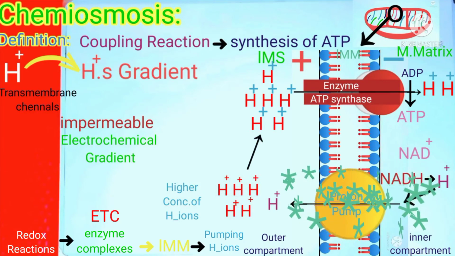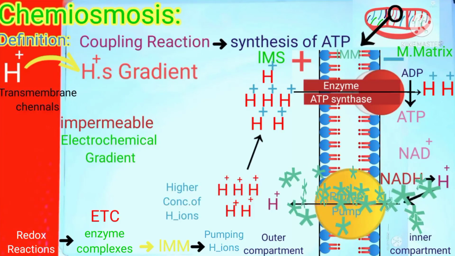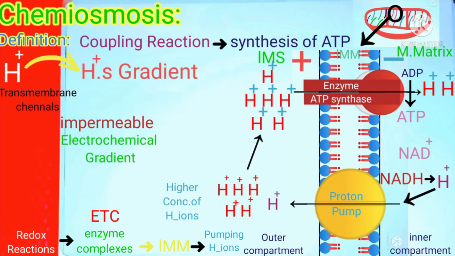When this pumping happens again and again, it causes a higher concentration of hydrogen ions in the intermembrane space as compared to the lower concentration of hydrogen ions inside the mitochondrial matrix.